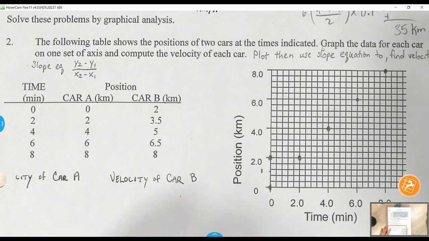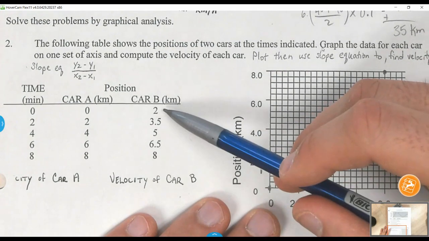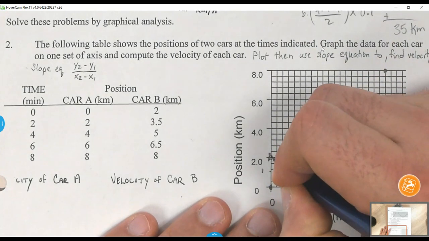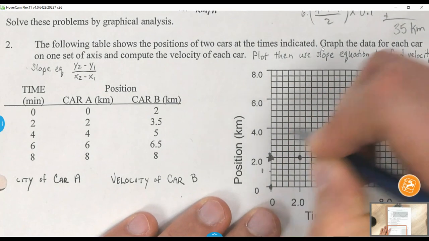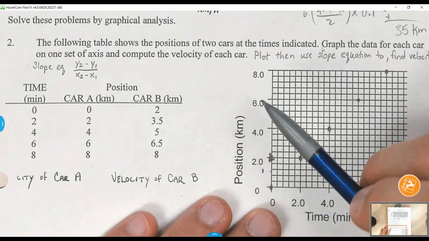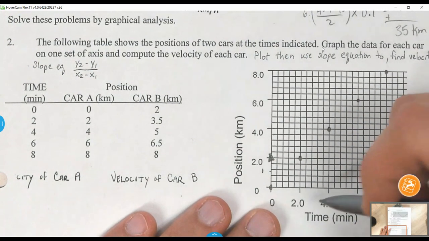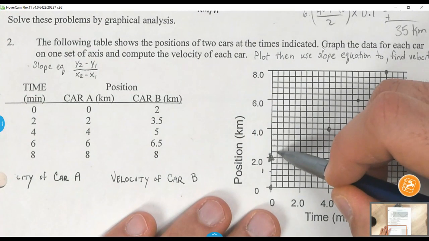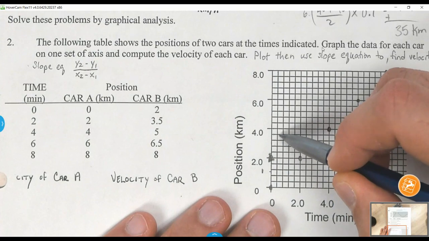Car B. Now, it's already starting at 2 kilometers. So I'll make this one a little triangle. At 2, we are at 3.5.